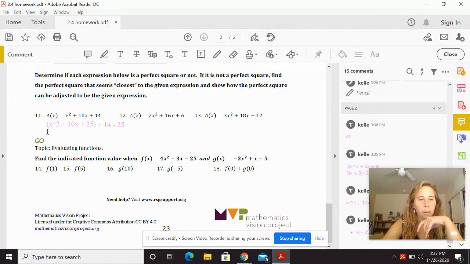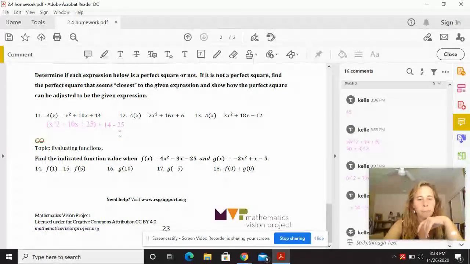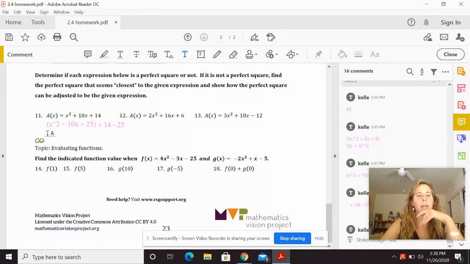Wow, this is really not cooperating today. You can make this into x plus 5 quantity squared, and then 14 minus 25 is negative 9.